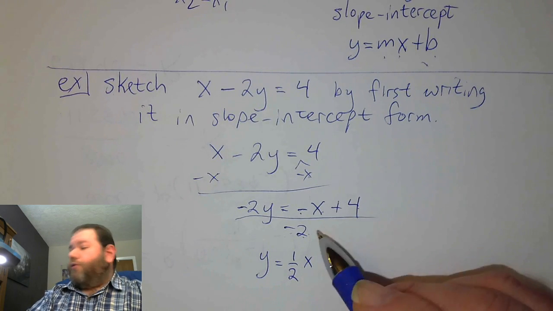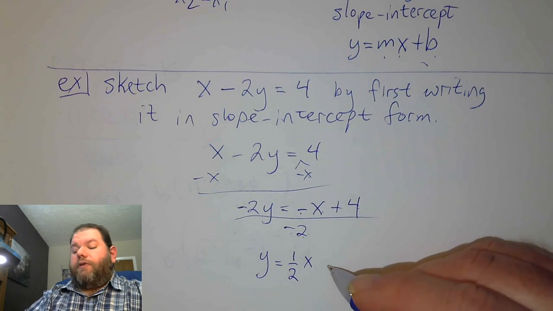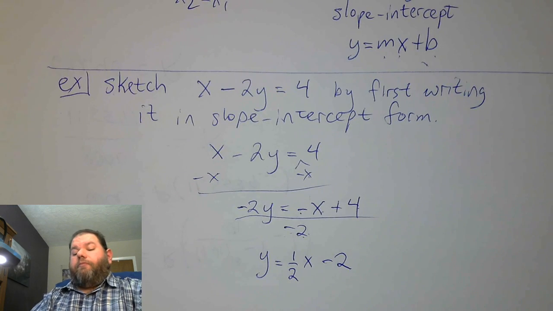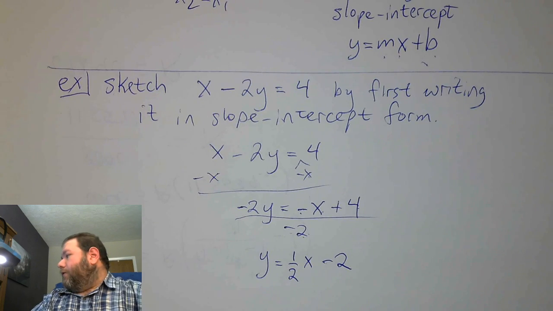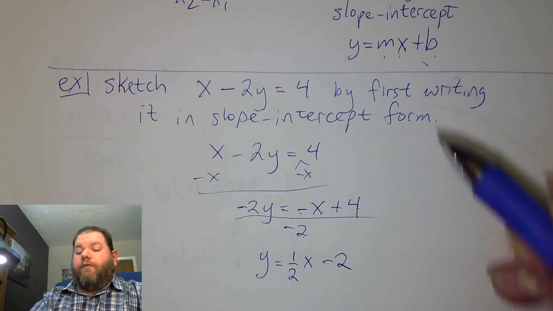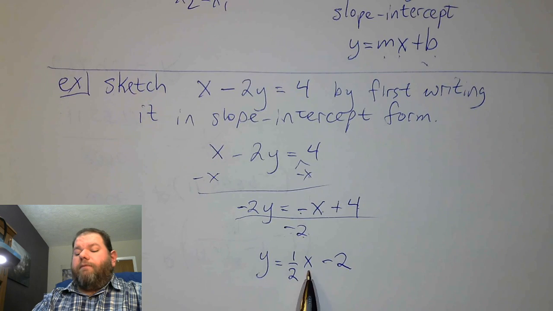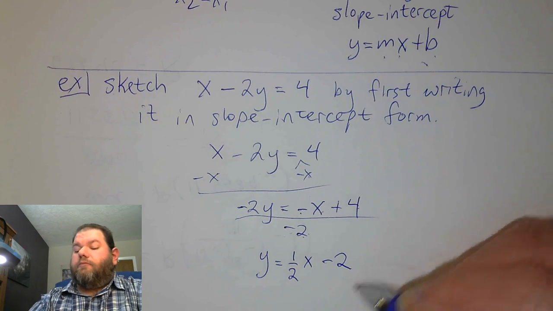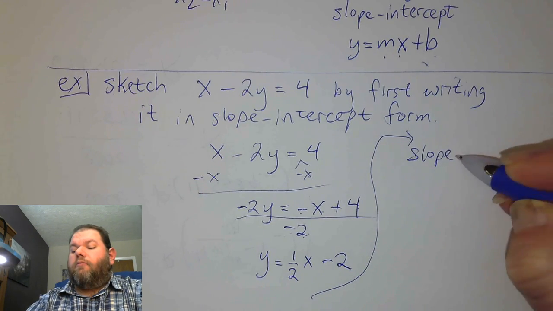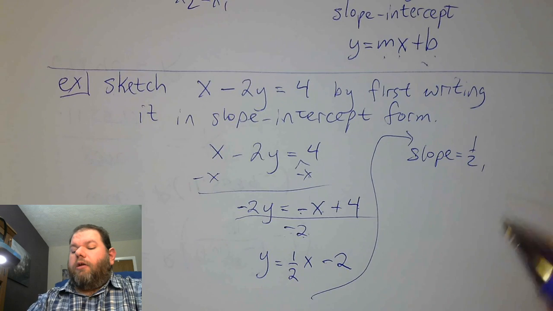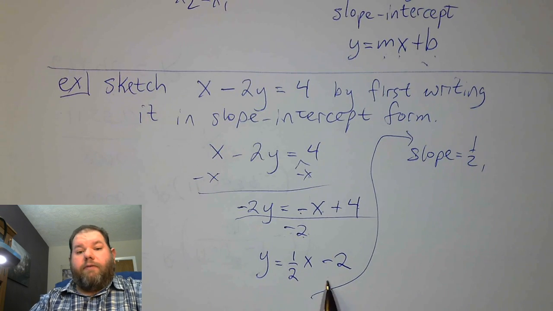And then finally 4 over -2, which is -2. So we've got the equation in the correct format, which is our slope-intercept form. And again, our slope is in front of x, so slope is 1/2. And then our y-intercept is -2.